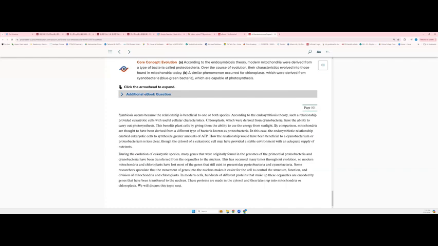So that's why the genome of the mitochondria is different from this type of bacteria nowadays.